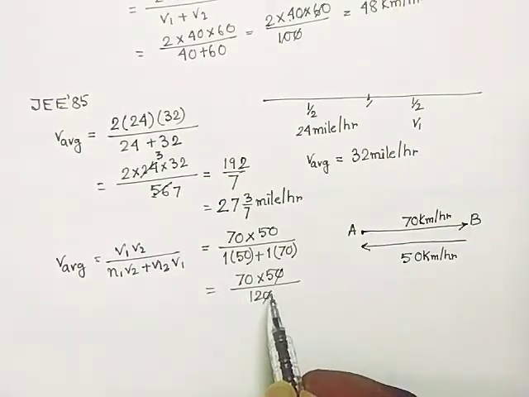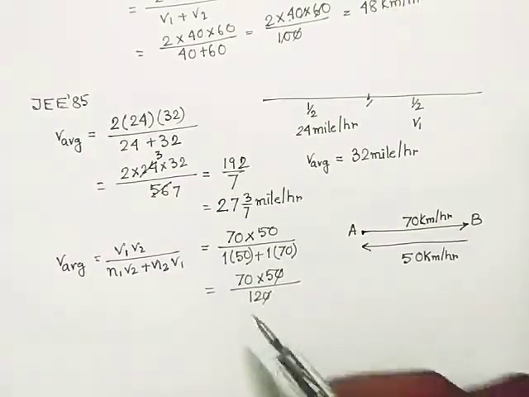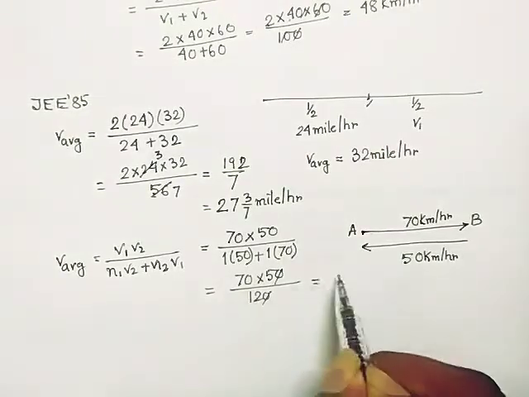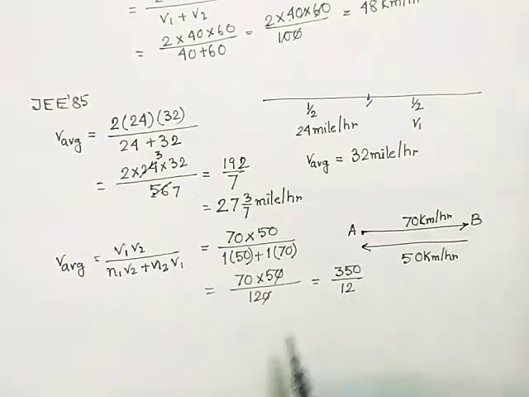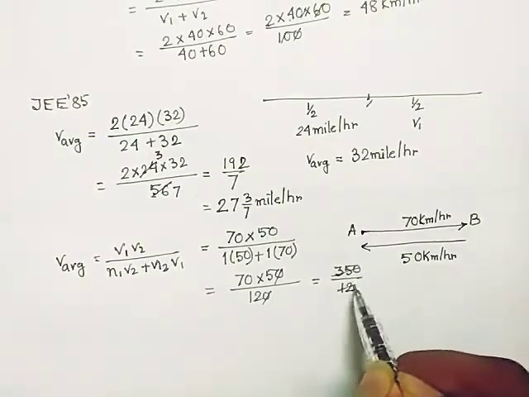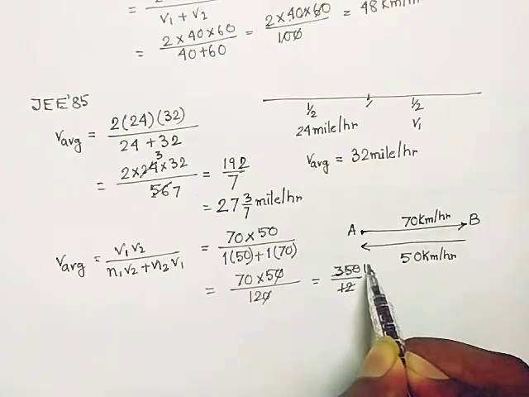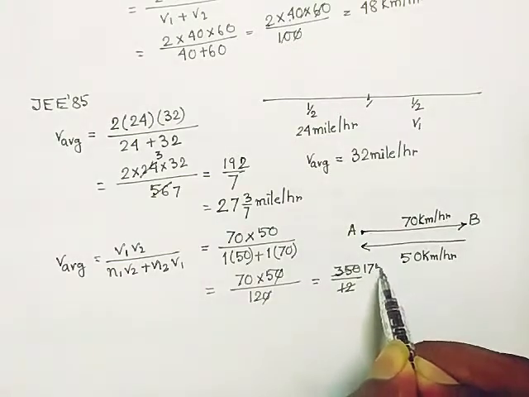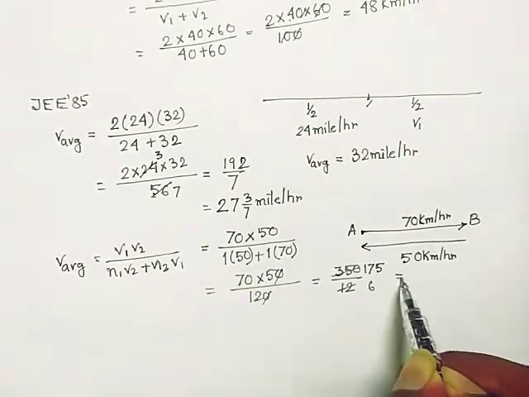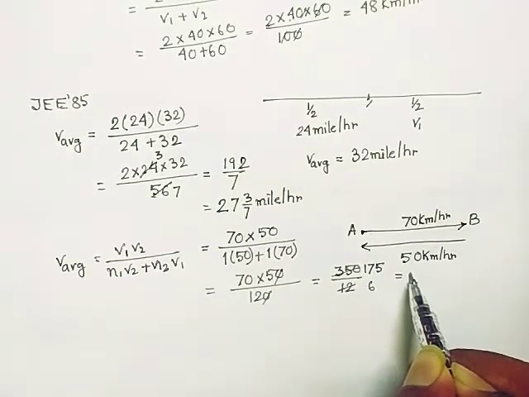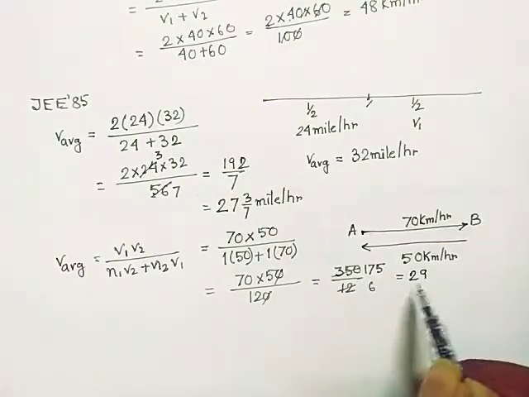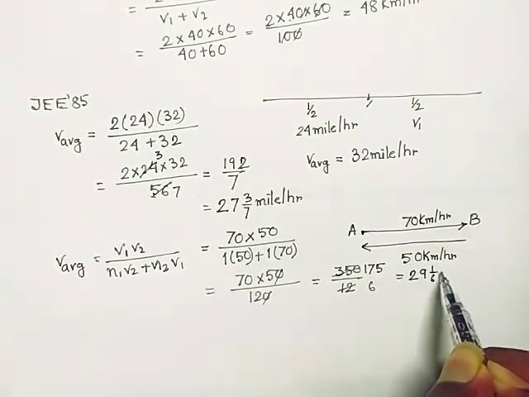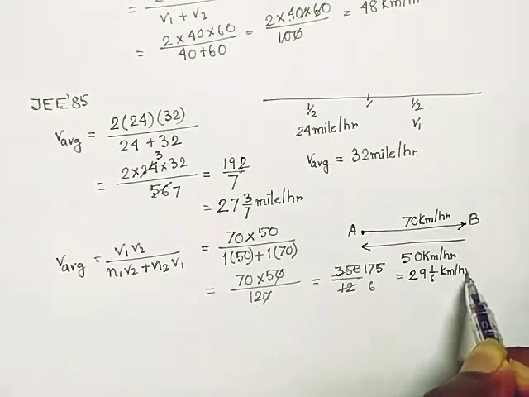So 0 and 0 cancel out, and the calculation that remains is 350 divided by 12. If I cut this, it will become 175 divided by 6. So 6 2s are 12, 6 9s are 54, 29 whole 1 by 6 kilometer per hour.